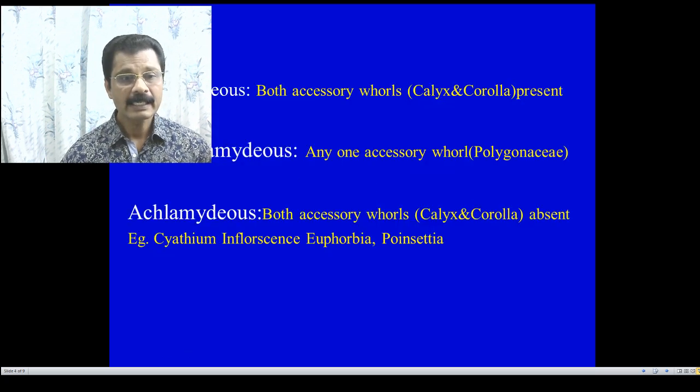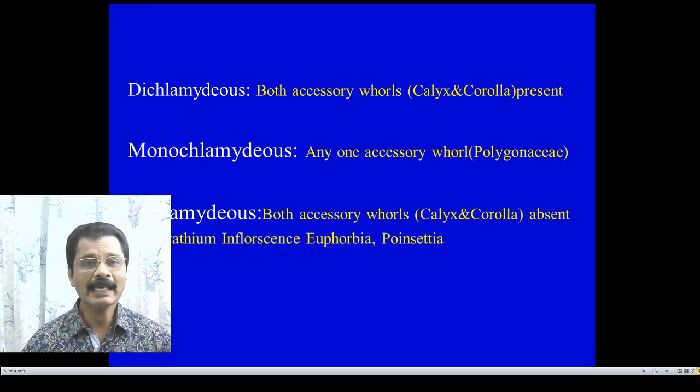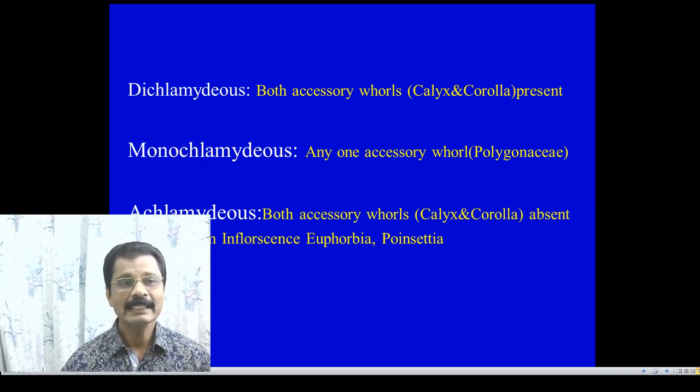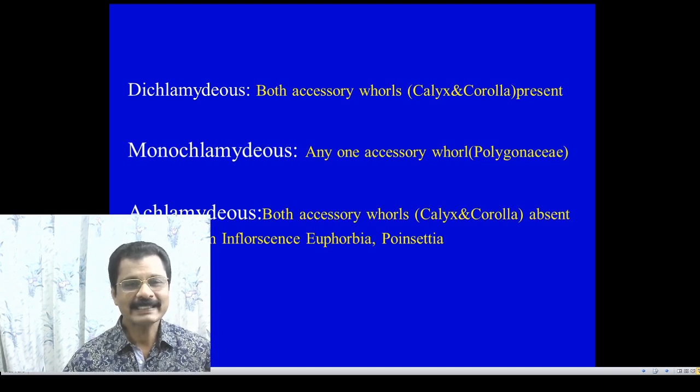Then, when the calyx and corolla are present, such flowers are called dichlamydeous. Both accessory whorls, calyx and corolla, are present. Then it is called dichlamydeous. If any one accessory whorl is present, calyx or corolla, then it is called monochlamydeous.